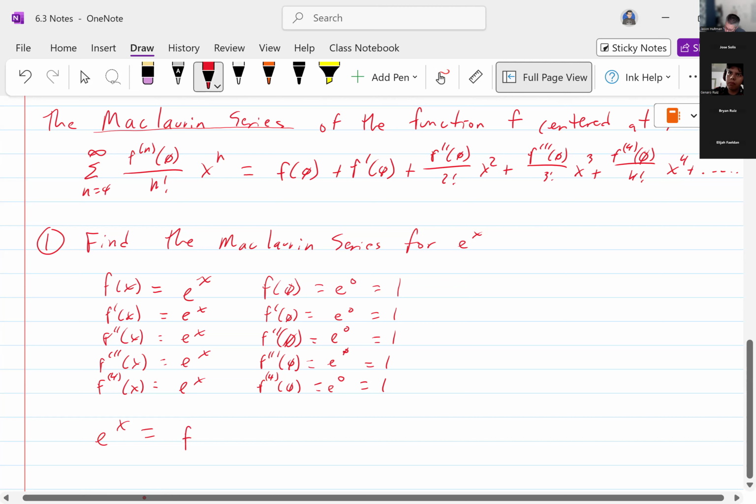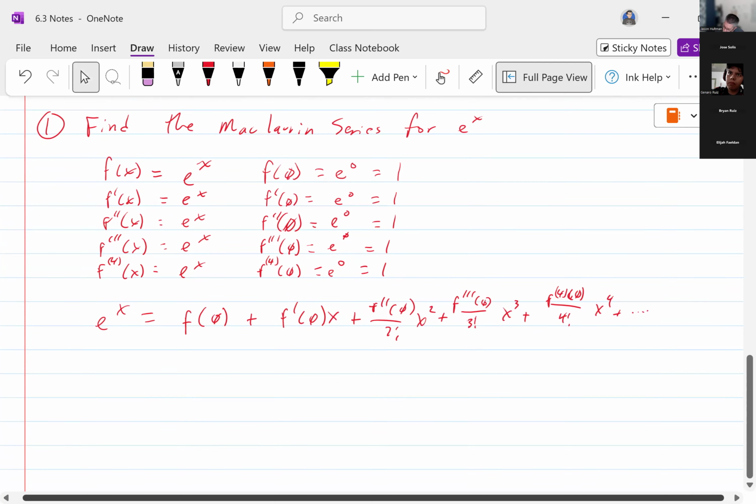Maybe I'll write the whole thing again. f of 0 plus f prime of 0 times x, plus f double prime of 0 over 2 factorial times x squared, plus f triple prime of 0 over 3 factorial x cubed plus dot, dot, dot. Maybe we'll go to the fourth one here. The fourth derivative evaluated at 0 over 4 factorial x to the fourth plus dot, dot, dot.